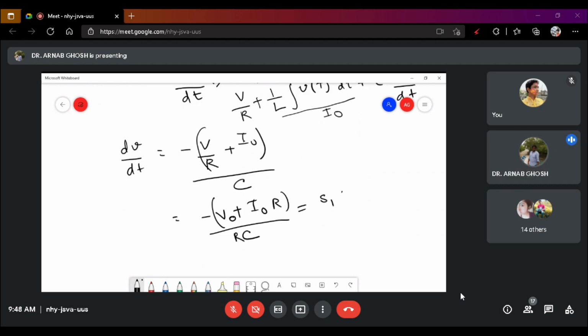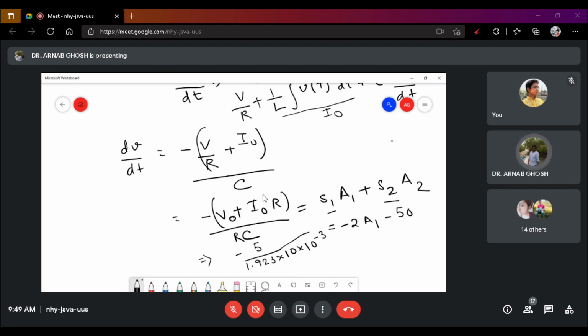This will be equal to your S1A1 plus S2A2. You have the values of S1, S2, V0, and I0 is 0. So this becomes minus 5 divided by 1.923 multiplied by 10 millifarad, that is 10 to the power minus 3. This is equal to minus 2A1 minus 50A2.